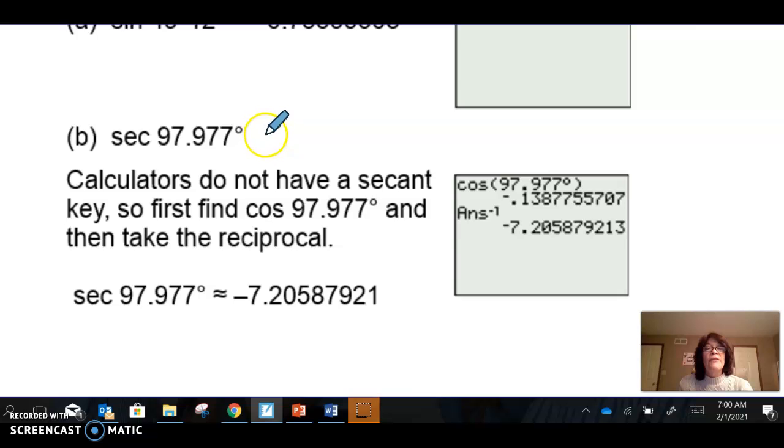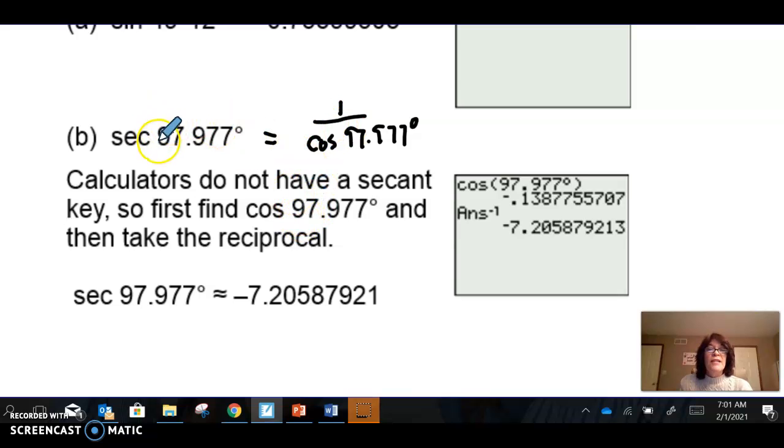Remember, the secant of 97.977 degrees is the same as 1 over the cosine of 97.977 degrees, okay? So you can actually just put that in your calculator. You don't have to do it in 2 steps. You can put 1 divided by parenthesis cosine 97.977 degrees, end your parenthesis, and then do it that way.